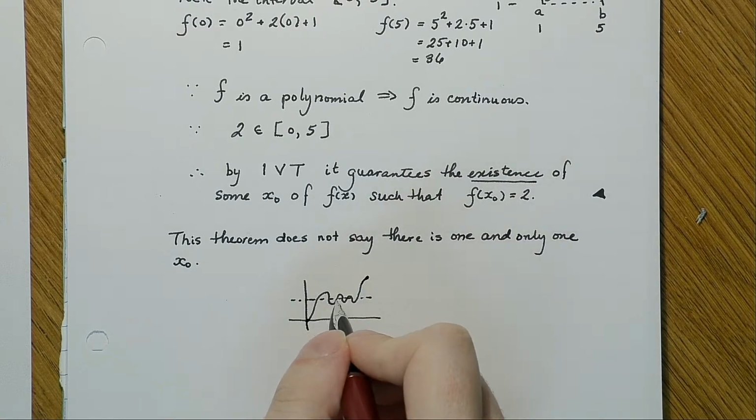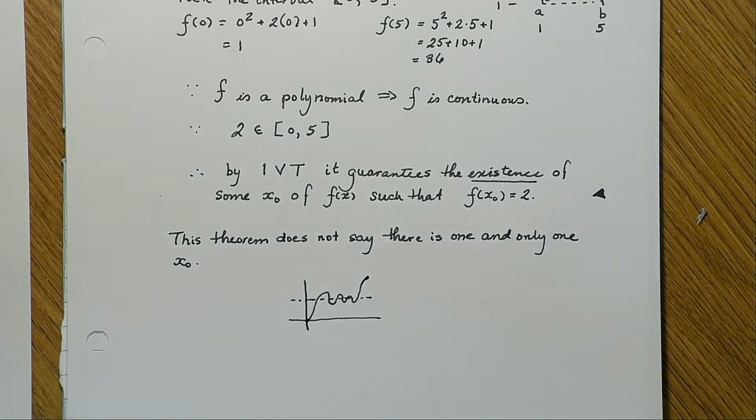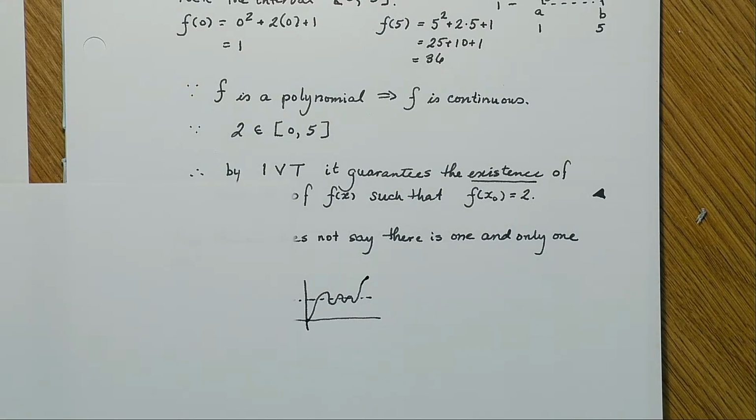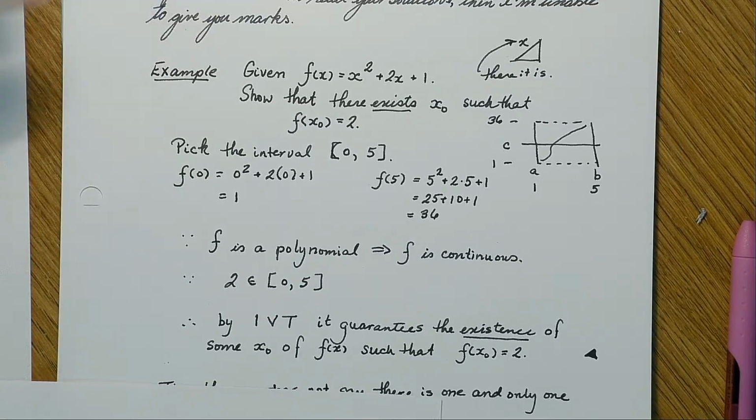So you can see that it's crossed several times. And sometimes just knowing that it at least crosses once is good enough for us. So in math, we'd like to do it at least one or two ways. And the reason for that is we've got to make sure that we know what we're doing.